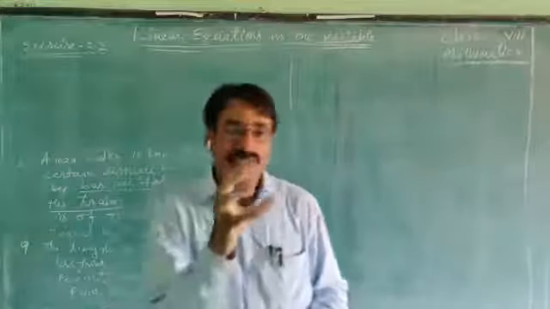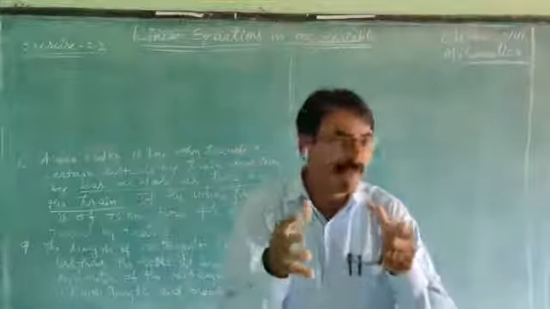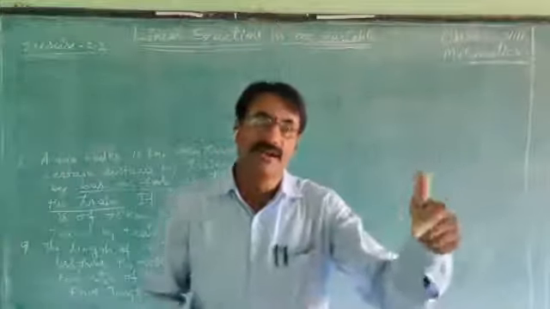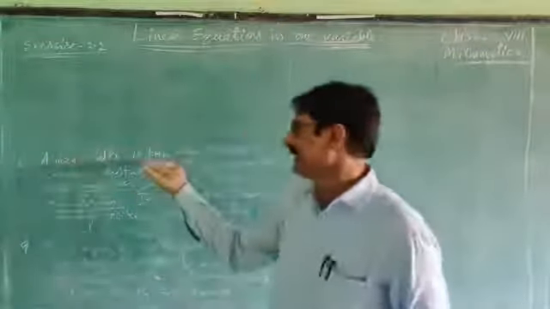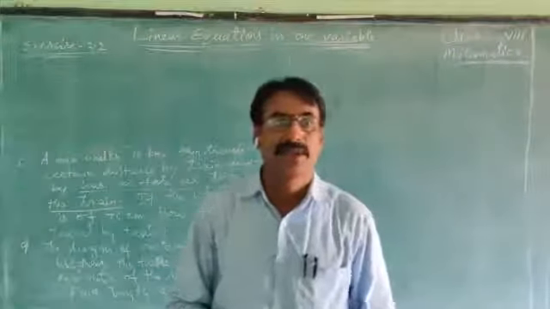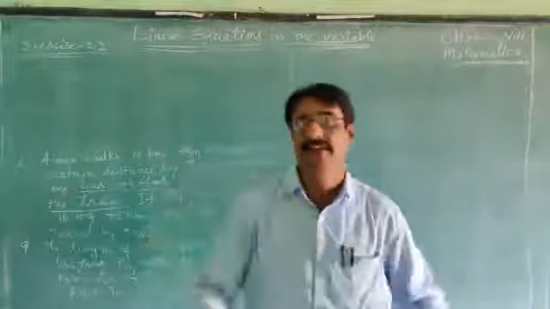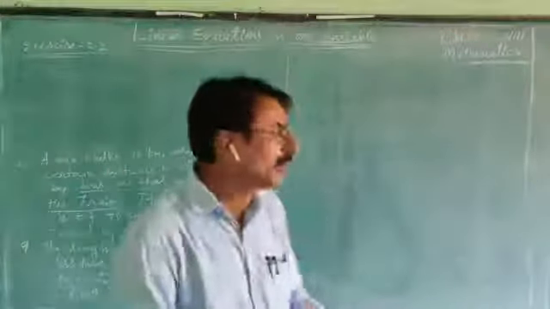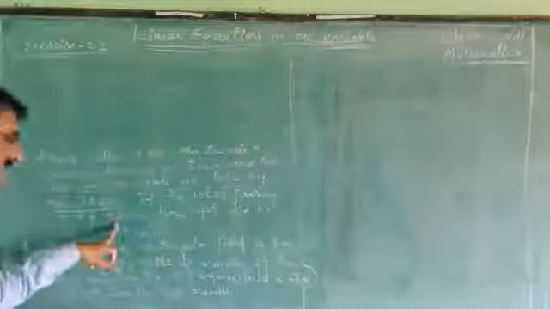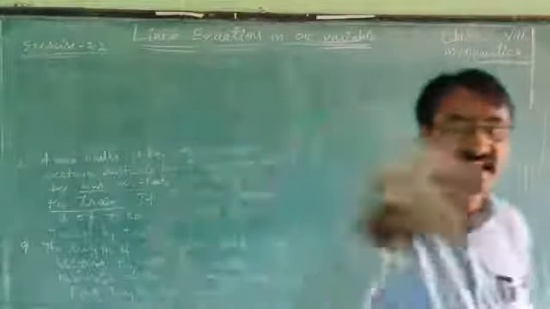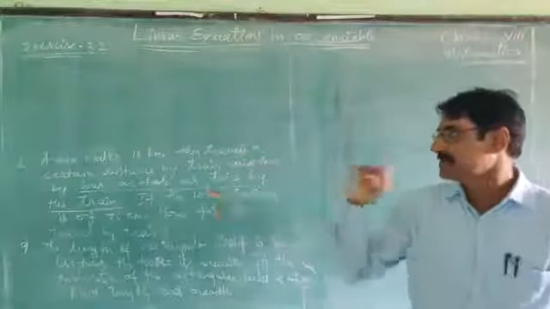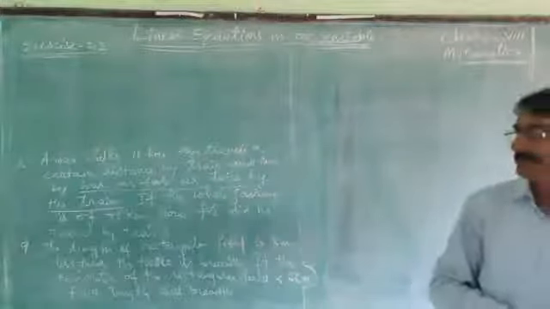That means if we know the distance traveled by train, we can find the distance traveled by bus. Already the third one, by walk, is given, 10 kilometers. If we add these three distances, we get the total distance of 70 kilometers. That means the sum of these three distances equal to 70 kilometers.